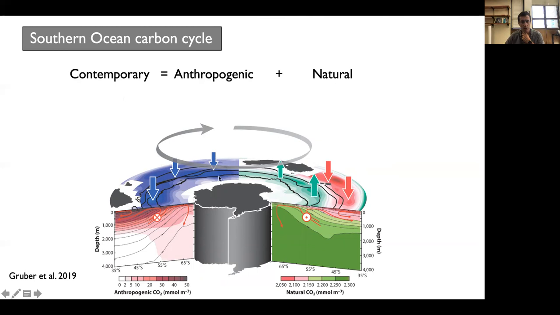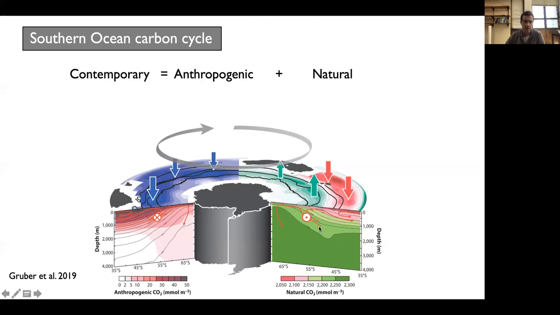And overall, the picture that we have in the Southern Ocean is that this anthropogenic increase in atmospheric pCO2 is forcing anthropogenic carbon into the ocean. And that's overlaid on a natural CO2 cycle that is roughly balanced between uptake in the north, as these waters move south, you have biological production and cooling, so they can take up CO2.